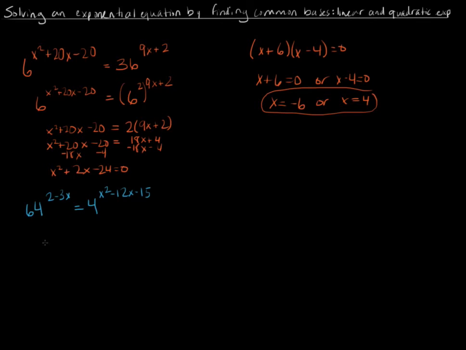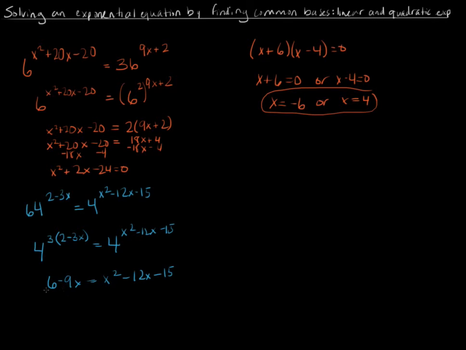But in this case, we can just change 64 is 4 to the third power. Power to a power, you multiply powers, so this is 2 minus 3x equals 4 to the x squared minus 12x minus 15. So here we have 6 minus 9x equals x squared minus 12x minus 15.